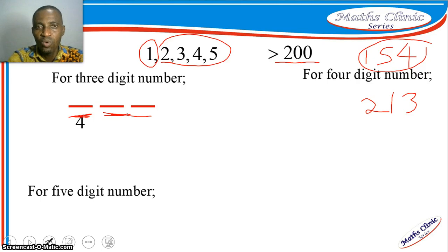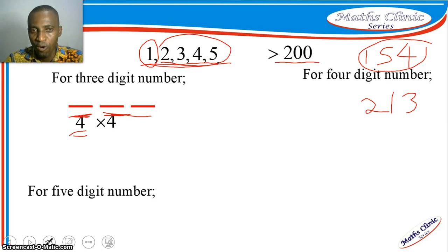And this time around, 1 is included, making 5. But the first has taken position already. So the remaining is no longer going to be 5, but rather 4. So the next will be 4 ways. Then once the second has taken position, the remaining will be 3 ways. So for the 3-digit numbers, we can do that in 48 ways. Is that okay? Good.